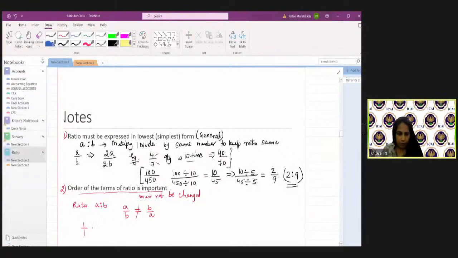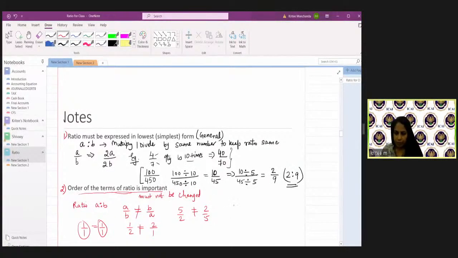Only 1 upon 1 will give you the same ratio with its inverse. For all the other numbers, it cannot be the same. Just imagine 1 is to 2 means half, and just reverse the order, 2 is to 1. They are absolutely not the same. 5 is to 2 is not the same as 2 is to 5. So just keep the order of terms of ratios the same always.